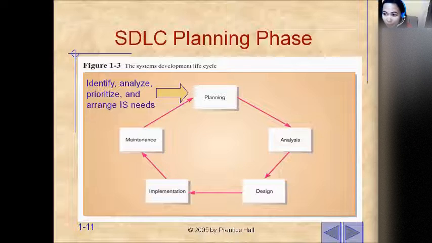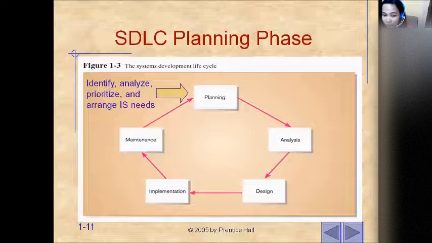for that current problem. For example, they have a manual payroll. Say they have 1,000 employees and they are using a manual payroll. Based on my analysis, to have a faster and more accurate payroll system, I'm going to automate the manual payroll system. Do I have to prioritize that?